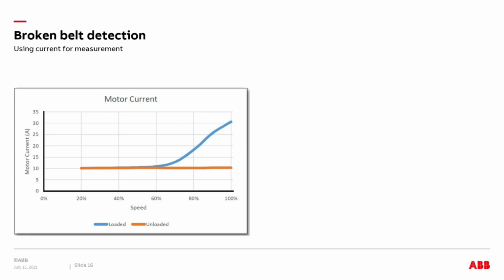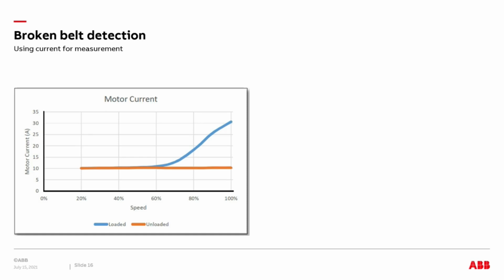Without any load, an induction motor draws only the magnetizing current, approximately 30% of the motor's FLA. In the region below 66% of the speed, you can see in the graph very little difference in motor current between a lightly loaded and no load condition. This minimal difference makes underload detection really unreliable in that region.